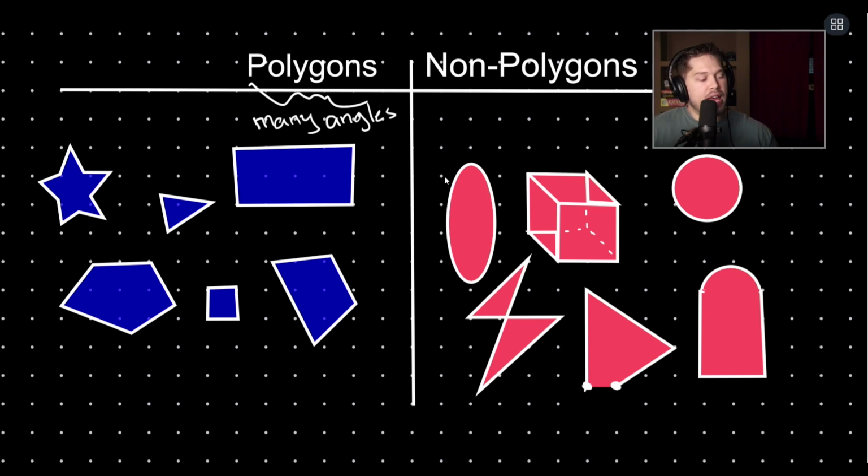Well, I noticed that this ellipse and this circle and this basketball free throw spot all have a curved line. And that's why these three shapes are not polygons. One attribute for polygons is that they have straight lines. Straight lines only.